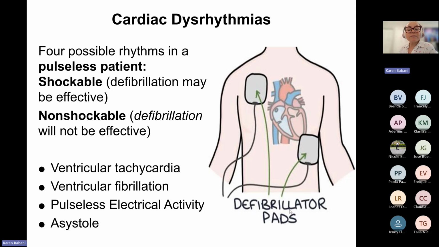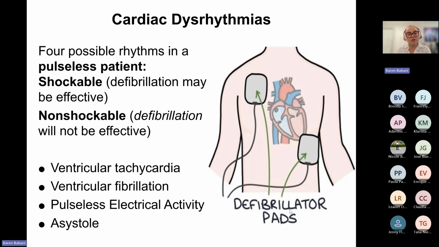The main dysrhythmias that we need to focus on are whether they're shockable or not shockable. There are only 4 possible rhythms in a pulseless patient. This is very important. What does that mean? It means that you check the pulse of your patient. There is no pulse.